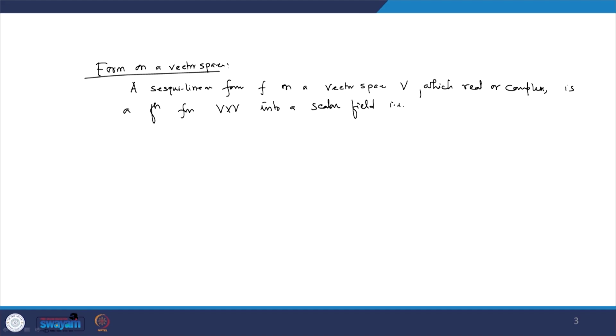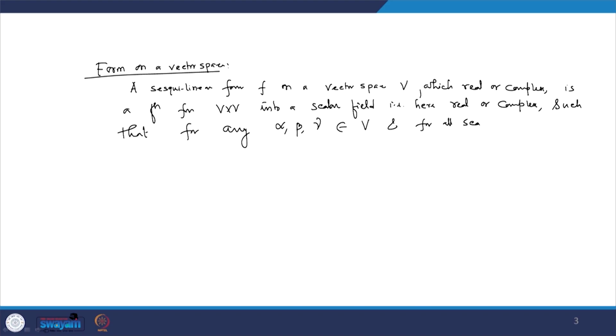that is here real or complex, such that for any alpha, beta, gamma belonging to the vector space V, and for all scalars C, may be real or complex, first, f of C alpha plus beta comma gamma equals C times f of alpha gamma plus f of beta gamma.